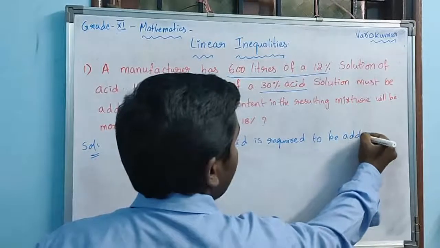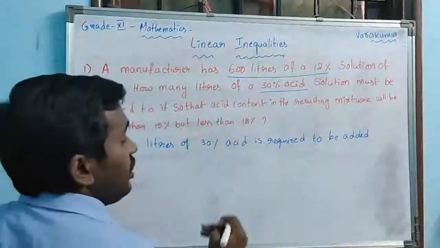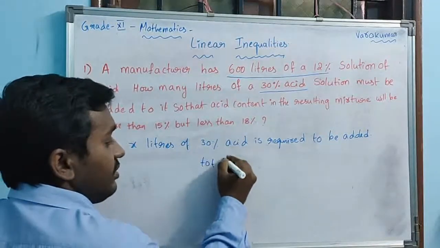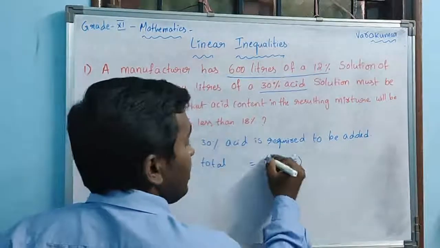So, we are taking that one X liters. Now, this X liters we have to add to the 600 liters. So when we add to the 600 liters, total quantity, what does it become? X plus 600 liters.